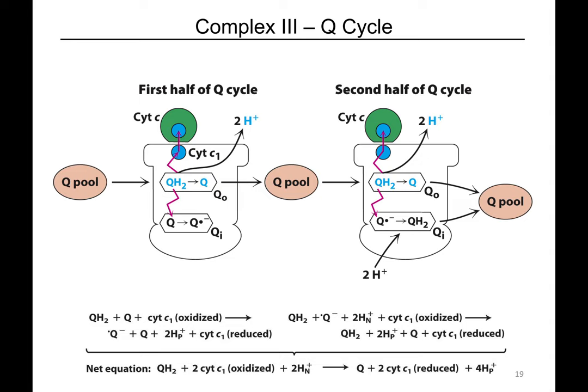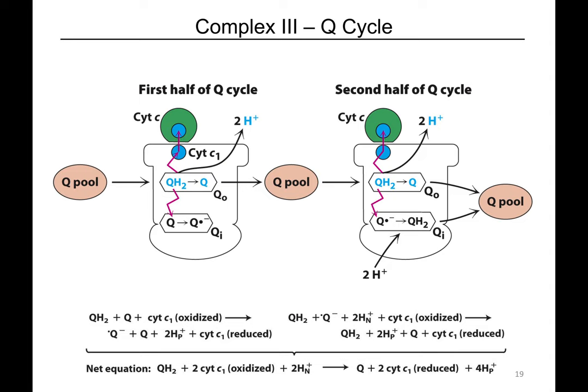Okay, I'm going to go through this one more time. The first half of the cycle, we have two equivalents of coenzyme Q, one in the QO site, one in the QI site. One of them is reduced, one of them is oxidized. The electrons in the reduced coenzyme Q are given to two different spots. One of them is ultimately given to cytochrome C, and reduced cytochrome C then diffuses away.